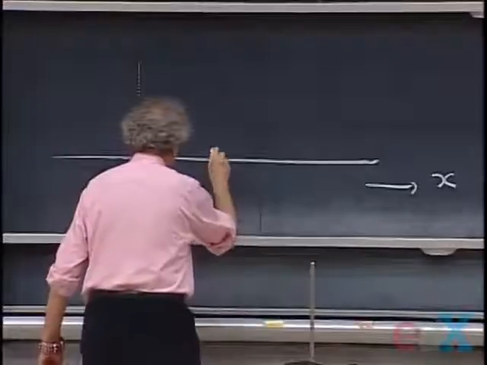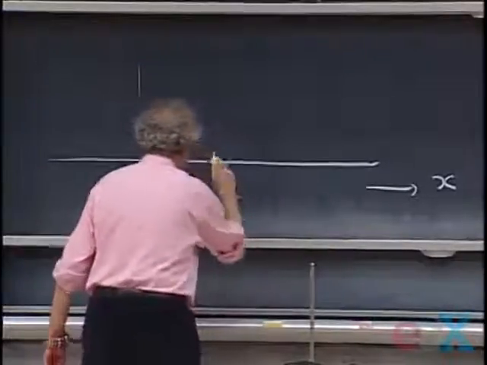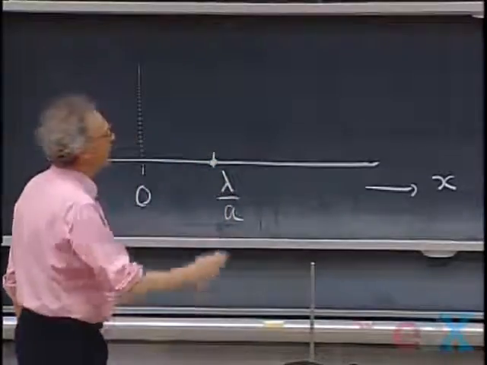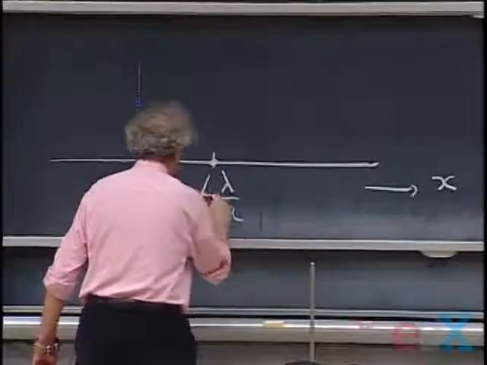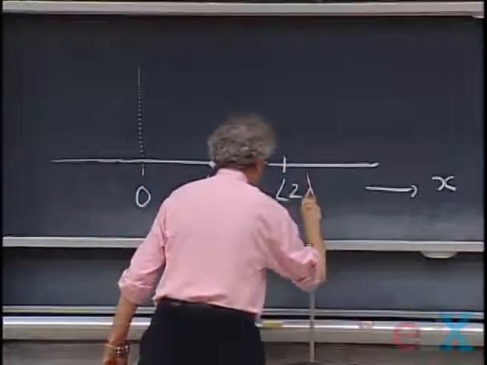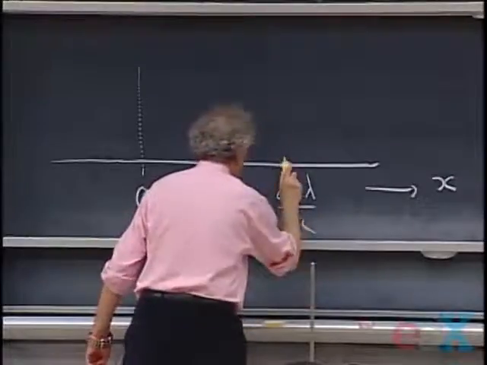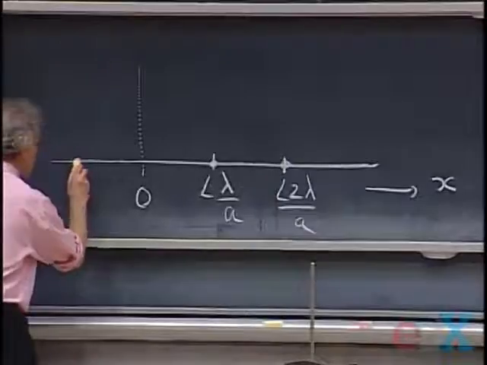And then here, at lambda divided by a, completely destructive interference. That's that angle theta 1 times L. And then here, at 2 lambda divided by a, complete destructive interference. And the same is true, of course, on the other side.